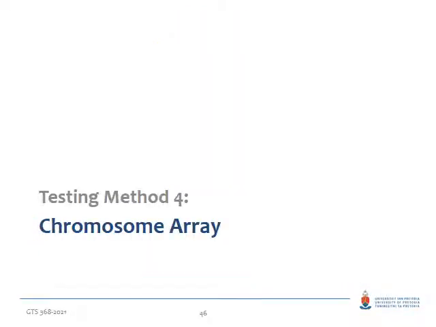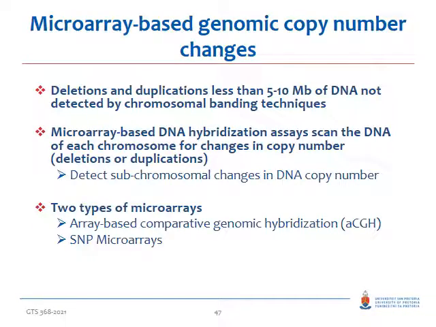The last method I want to explain is your chromosome array. So why would you do a chromosome array? It's to detect deletions and duplications less than 5 to 10 megabases of DNA, which you won't detect any abnormality using chromosomal banding techniques.